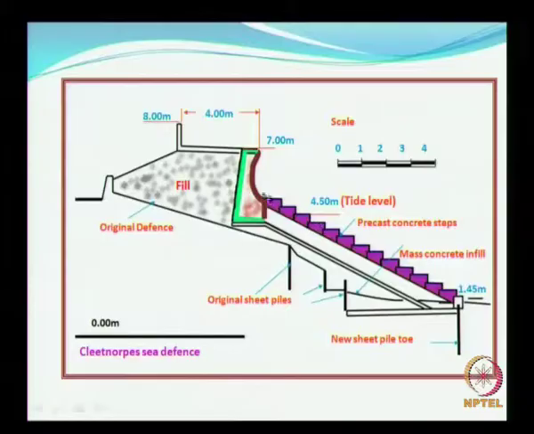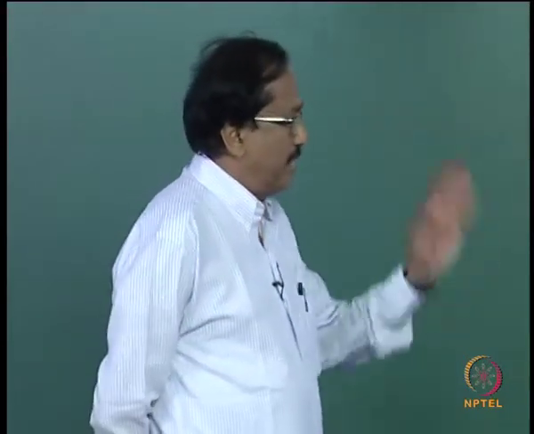The dissipation will be gradual, but quite regular, and apart from this gradual reduction in the energy, it also has to spend some amount of energy when it is trying to run over the curved surface. So, finally, the wall will not be subjected to that amount of pressure compared to a vertical wall.